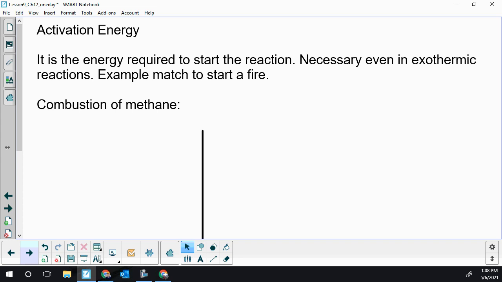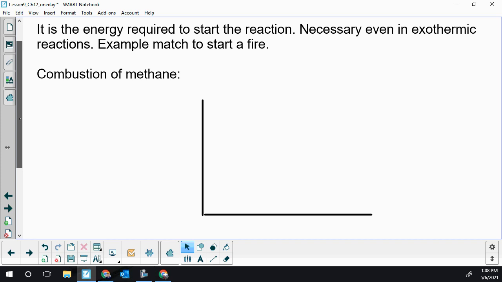Wood and oxygen will not spontaneously combust in all circumstances. There has to be enough energy to get that reaction started. An example of providing activation energy would be when you light a match to start a fire. The heat coming off that match provides enough energy to get the reaction started.